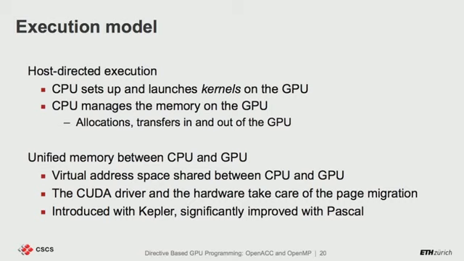Today, this is quite efficient with Pascal, because the driver and hardware on the GPU handle page faults. So you can do normal mallocs, and when you access a page that's not on the GPU, this page will be transferred to the GPU. It really erases the data management. Although explicit management may be needed in more advanced cases, this is quite a nice feature.